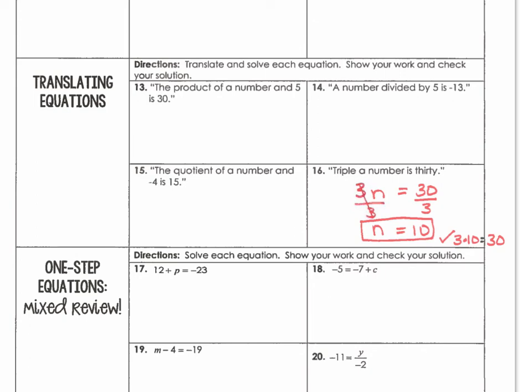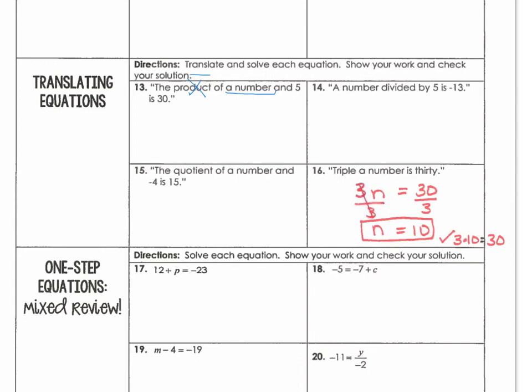Okay, so I went ahead and turned the page. I know I only have 2 minutes left. Time flies when you're having fun. So I do want to translate some equations for you, or with you, because I know this is something we're still struggling with. So let's start with 13, and it says product. Product means to multiply a number, that's where we use our variable, and 5.